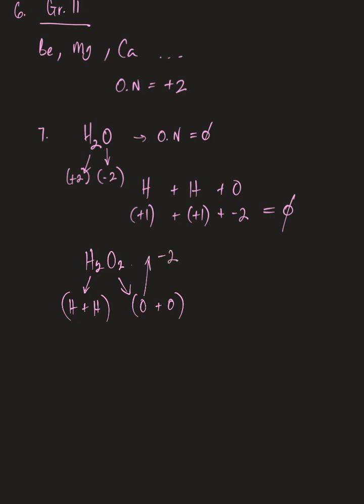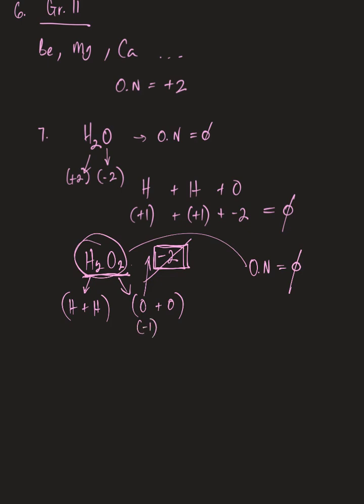But the first rule says all compounds must have an oxidation number equal to 0. So it's not going to work for us to have this oxygen as -2. When we're dealing with peroxides, the oxygen's oxidation number is actually -1.